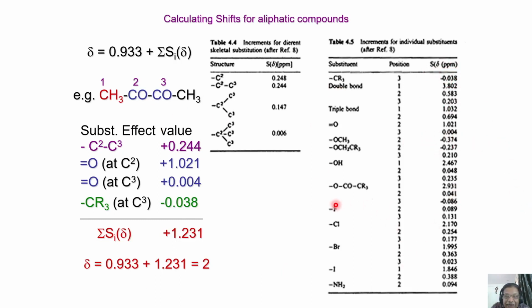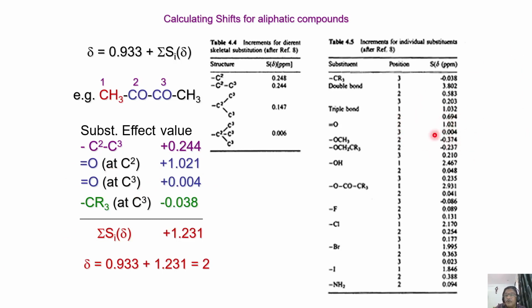It is only the contribution factor which we have to take into account as a sum while working out the approximate value of the chemical shift. Okay, predicting the chemical shift. Now for this molecule, example for this one, substitution effect for C2C3 is 0.244. For oxygen at C2 is 1.021. You can see oxygen at position 2, 1.021. Oxygen at position 3, 0.004.